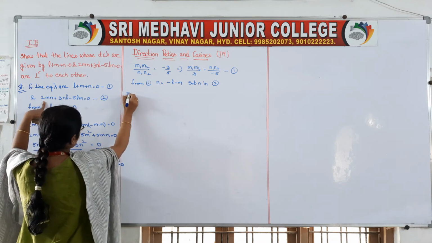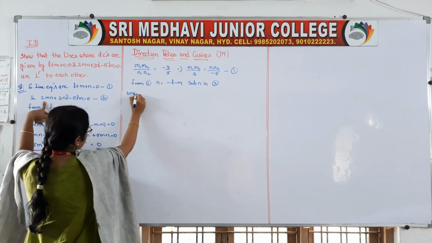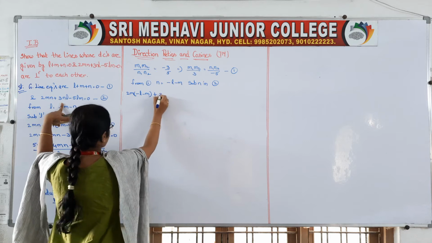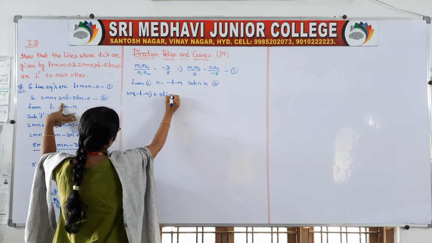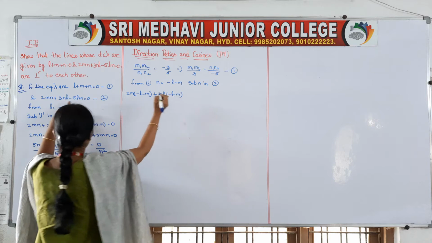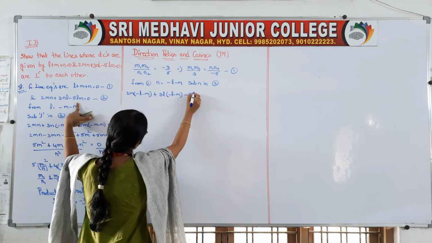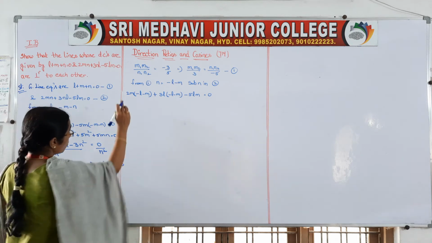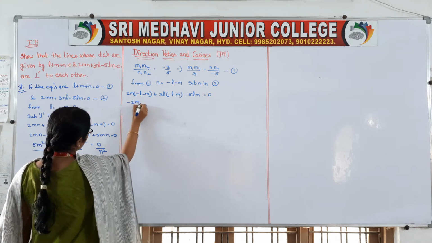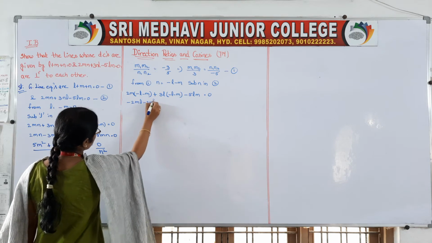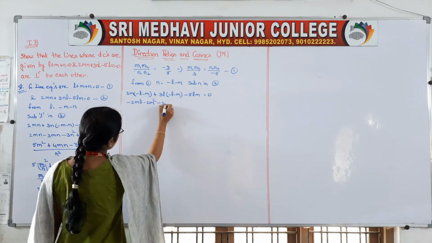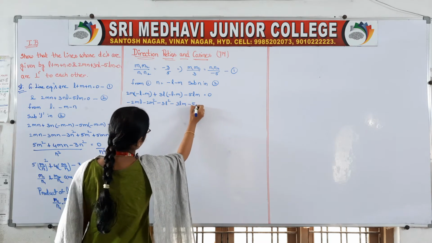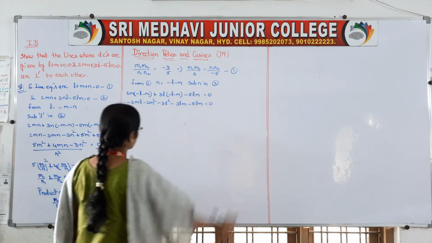So 2m into n, which is minus l minus m, plus 3l into n, which is minus l minus m, minus 5lm is equal to 0. Now minus 2ml minus 2m square minus 3l square minus 3lm minus 5lm, all are negative, isn't it?